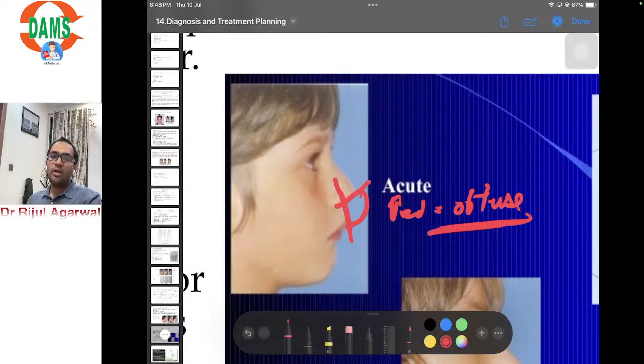Now if this angle becomes obtuse, it will give you an incorrect value. Now the lip is rightly positioned but the nose is upturned. So if you diagnose your case and plan your case based on this incorrect value and you start proclining, what will happen? The lip will become incompetent.